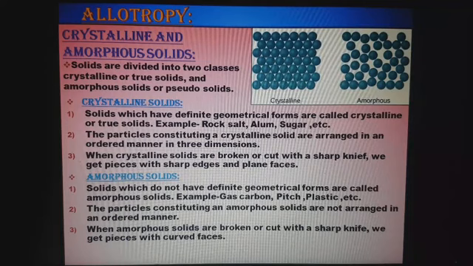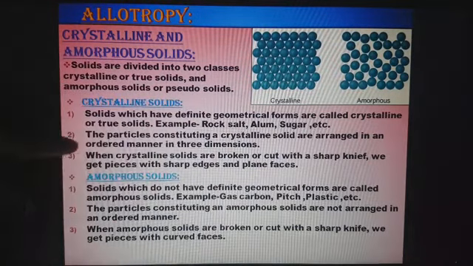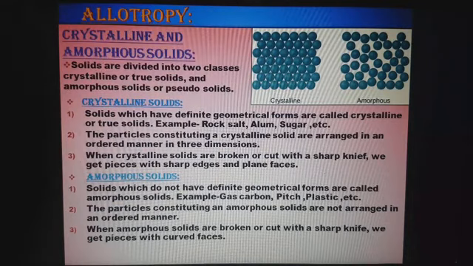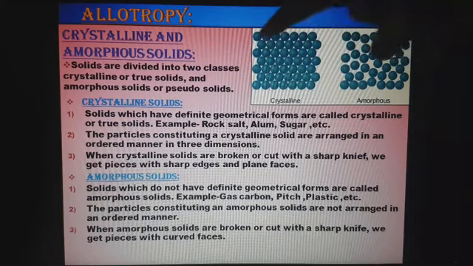Then next, the particles constituting crystalline solids are arranged in an ordered manner in 3 dimensions. As you can see here in the diagram, the particles which are constituting crystalline solids are arranged in an ordered manner in 3 dimensions.